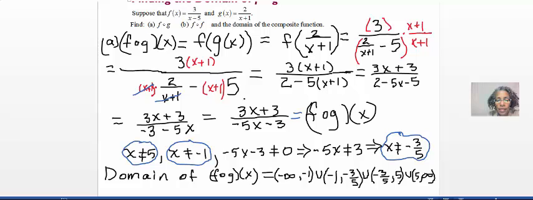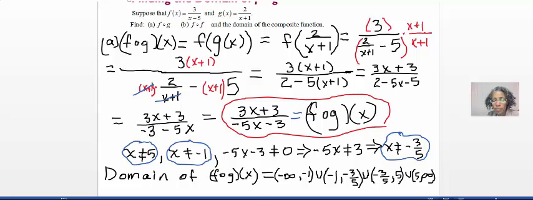And then we were also asked to find the domain. So you always want to get in the habit of looking back at the problem to make sure you've done everything the problem asks you to do. So I also want to find f of f. So I want to find the composite function f of f of x, and I also want to find its domain.